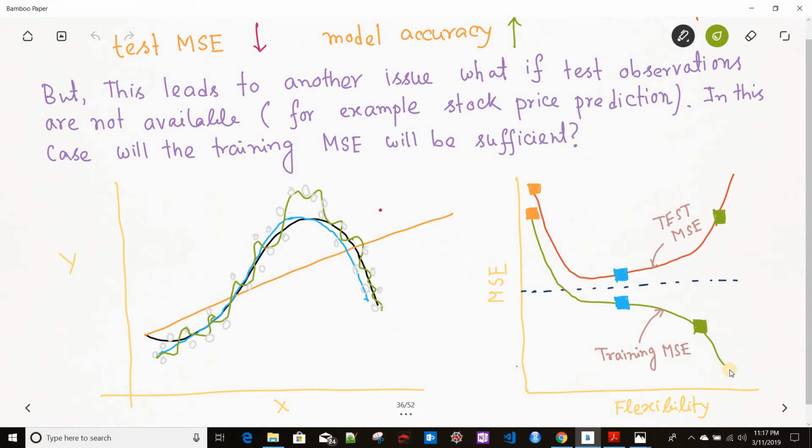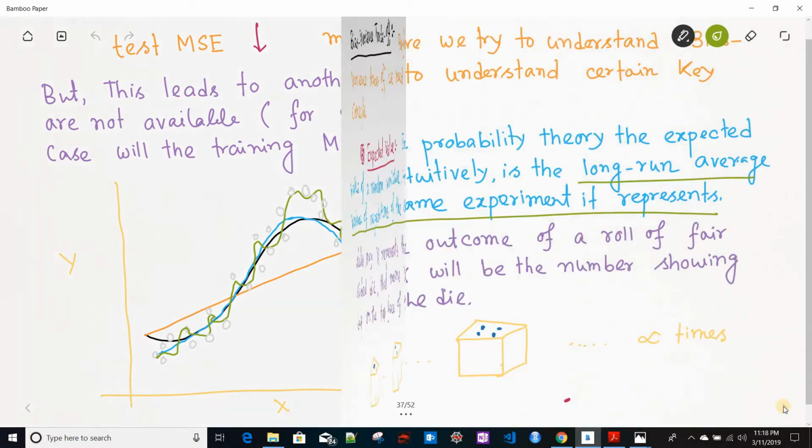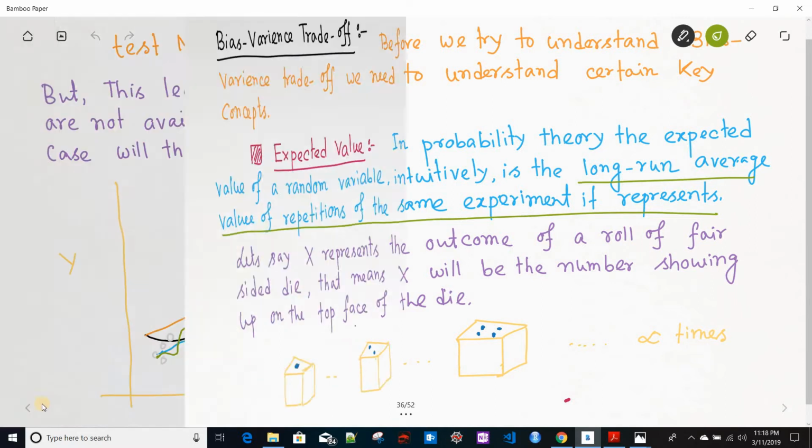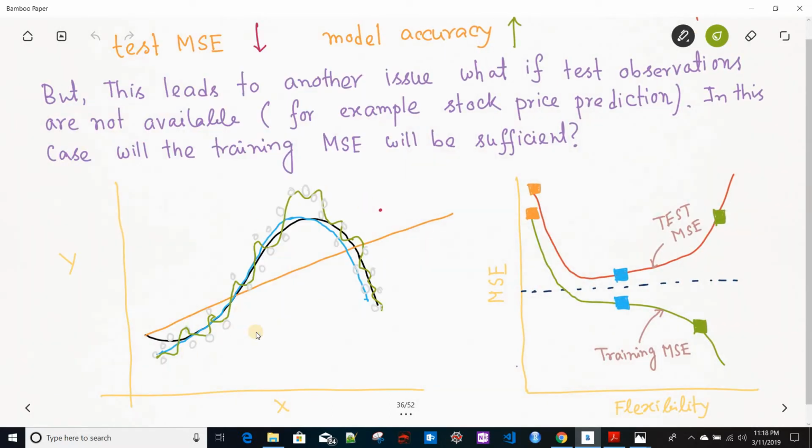So we need to come up with some idea about how we can determine the test MSE, or at least some idea which governs the test MSE, by which we can take certain kinds of decisions. Over here, to fit this particular data, we come up with three different kinds of models.